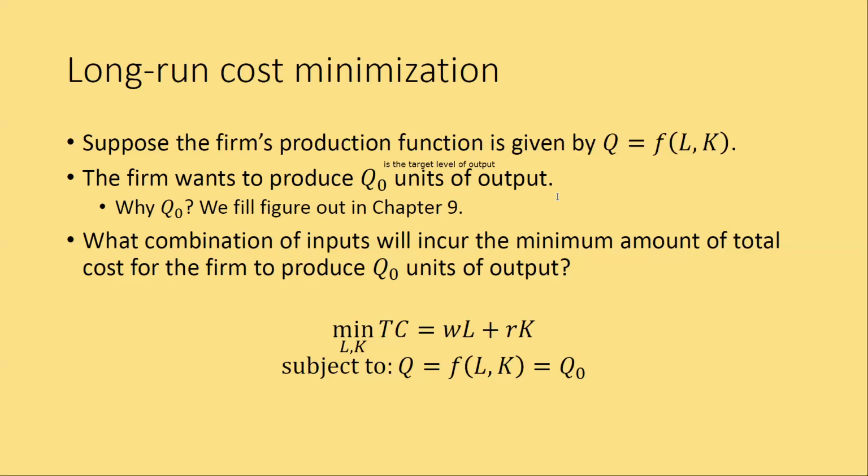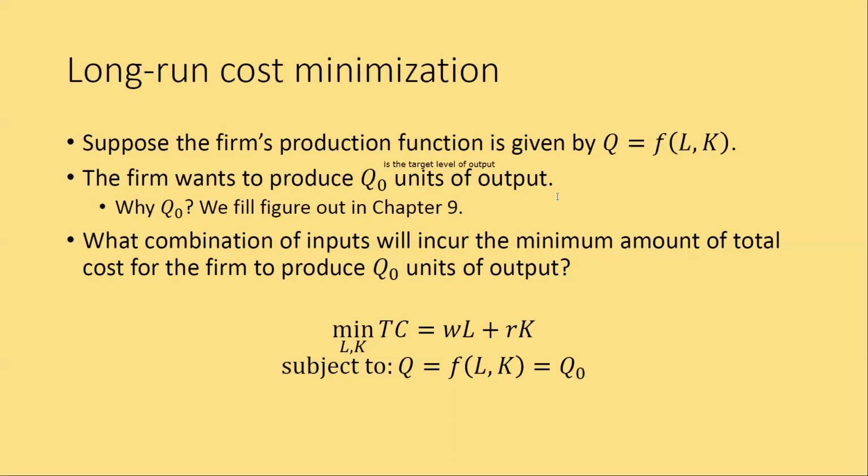And to define this problem mathematically, somewhat similar to what we did in consumer theory, we are going to minimize the total cost, and the two variables below the minimize sign, L, K, are saying that the firm is free to choose labor and capital. And the total cost equals W times L plus R times K. So the firm is choosing L and K such that it minimizes W times L plus R times K.